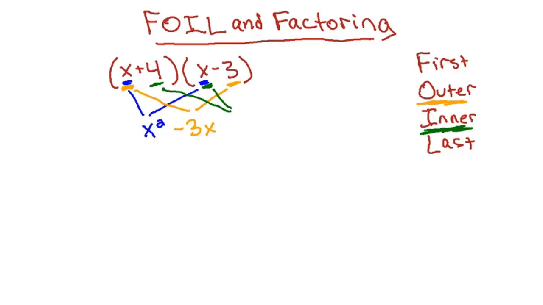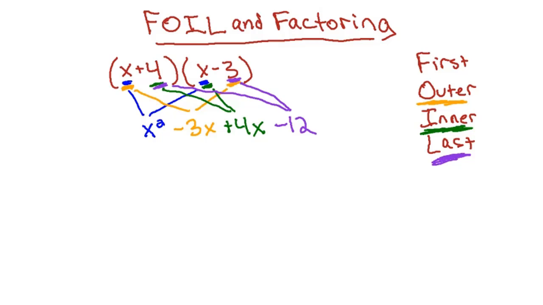So that would be positive 4x. And then you would do the last of the parentheses, so that would be the positive 4 and the negative 3. So the positive 4 and the negative 3 together makes negative 12.